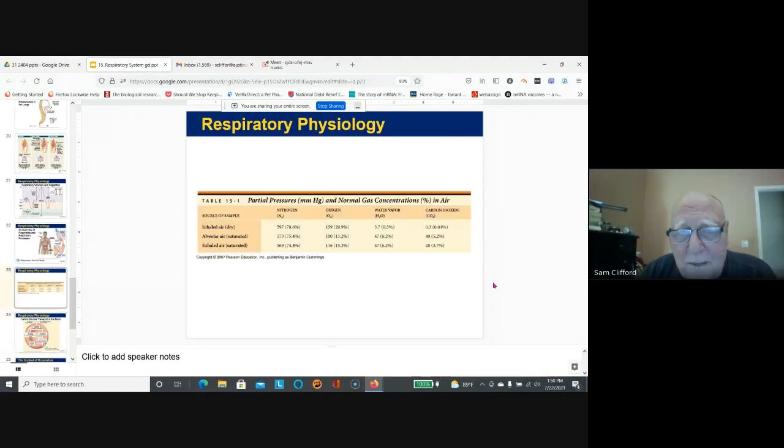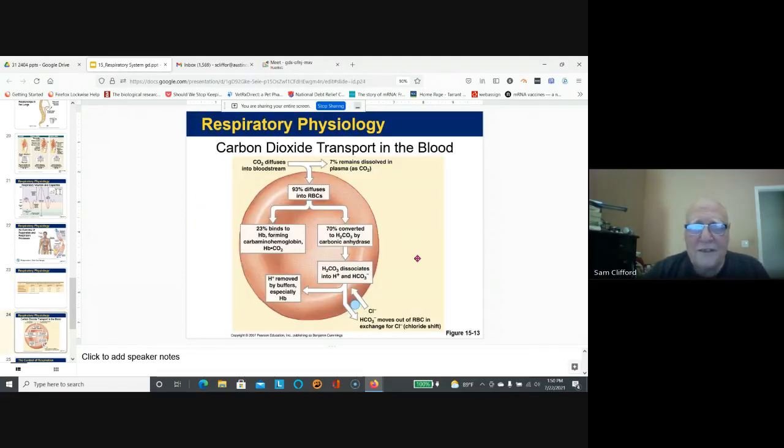Okay, this is the fine chemical process. So CO2 is transported in the blood. Most of the CO2 diffuses into the red blood cell, 7% dissolves in the plasma, 23% binds to hemoglobin, forming carbaminohemoglobin, and then the 70% is converted.